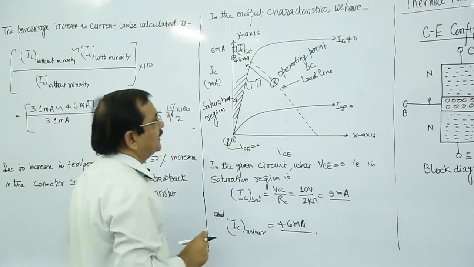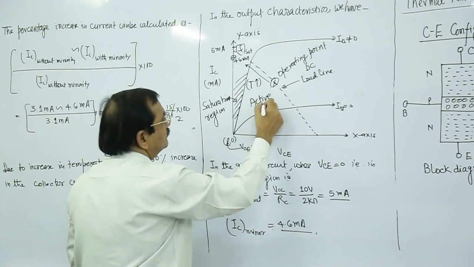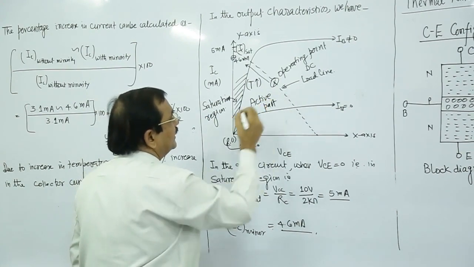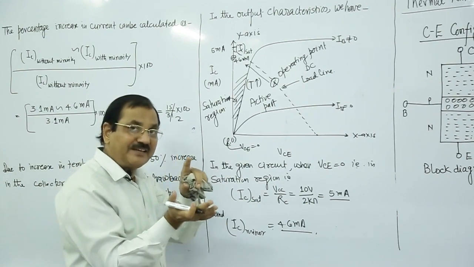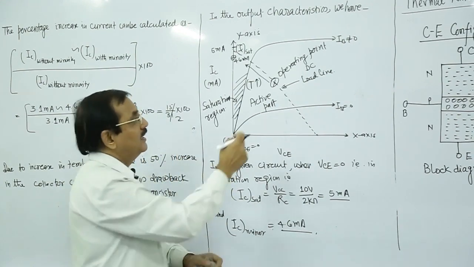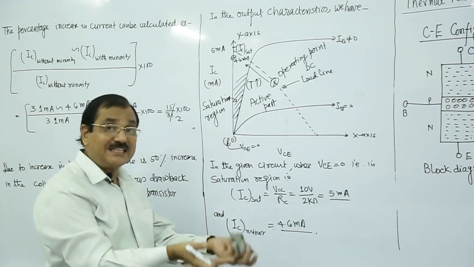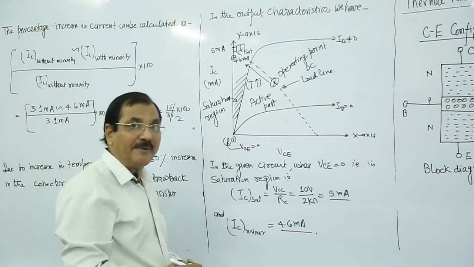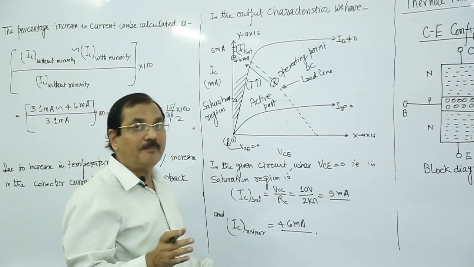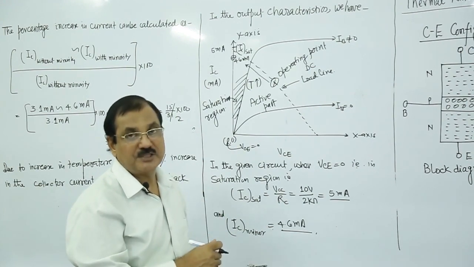So the operating point is shifting from the active region to the saturation region, which will completely change the nature of the transistor. This is a big drawback of the transistor due to temperature.